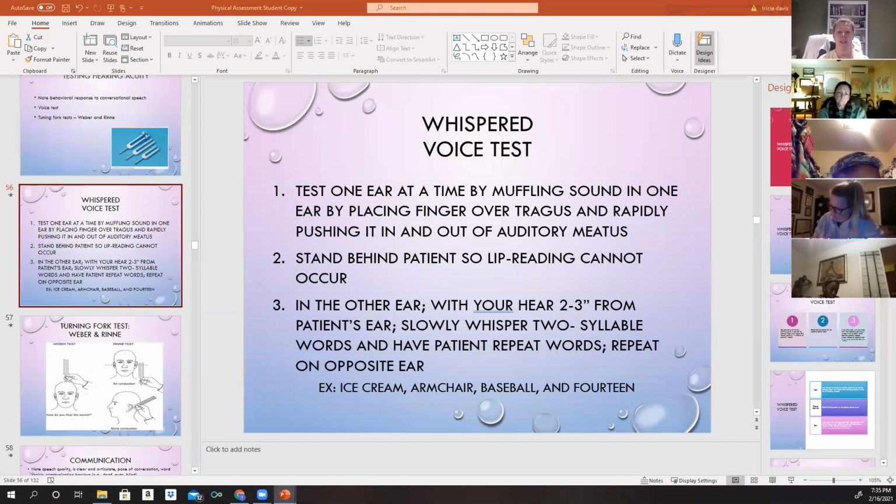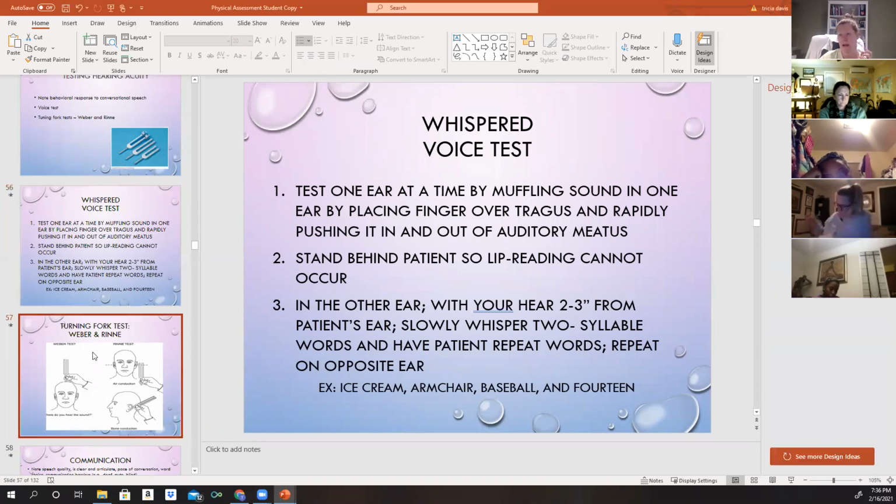And then in the other ear, when you're about 2 to 3 inches from the patient's ear, you slowly whisper 2-syllable words. And then you have the patient repeat those words back to you. And then you do that same thing on the opposite ear. So you could say things like ice cream, armchair, baseball, 14. I've never, ever done this either. These are like specialty things.